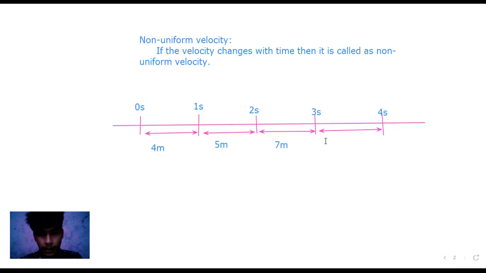And here it may be 9. So we call this non-uniform velocity. The rate of displacement is changing.